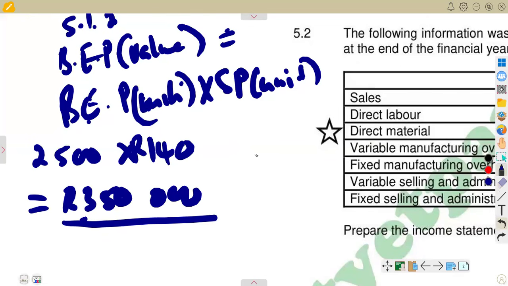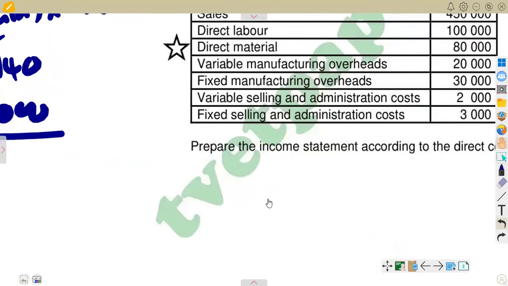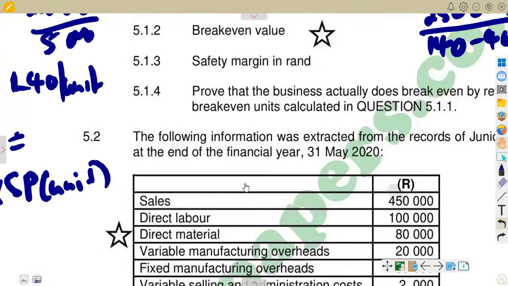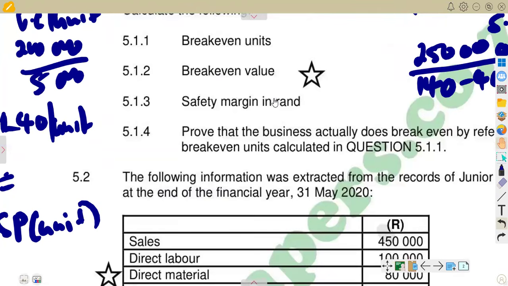Then we go to the next question. See, the next one is saying safety margin in rands. So what we need to do is also to put down the formula of the safety margin in rands.